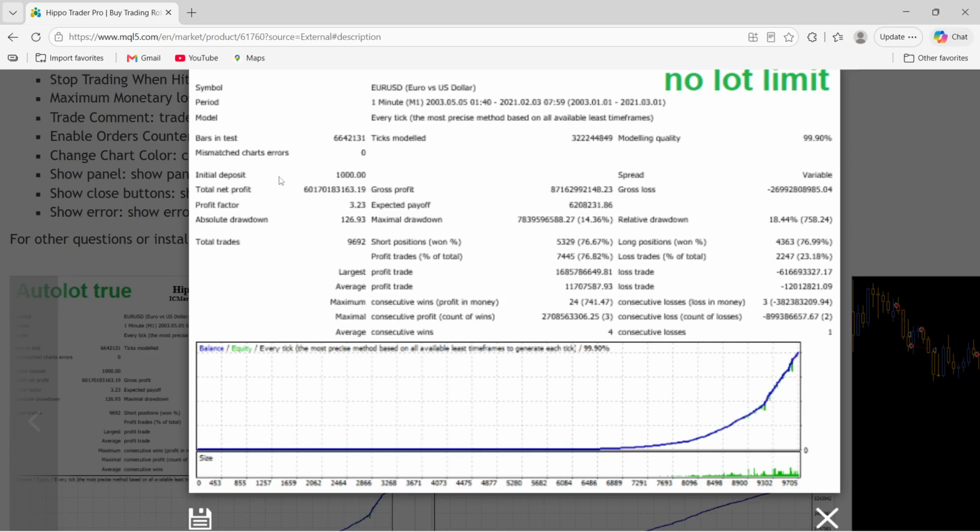For the initial deposit of $1,000, we had crazy profits that the developer claims here. We had a profit factor of 3.23 and a drawdown of 14.36%.